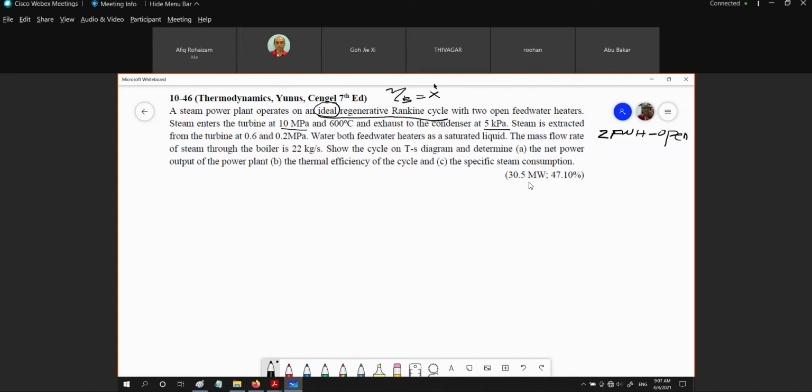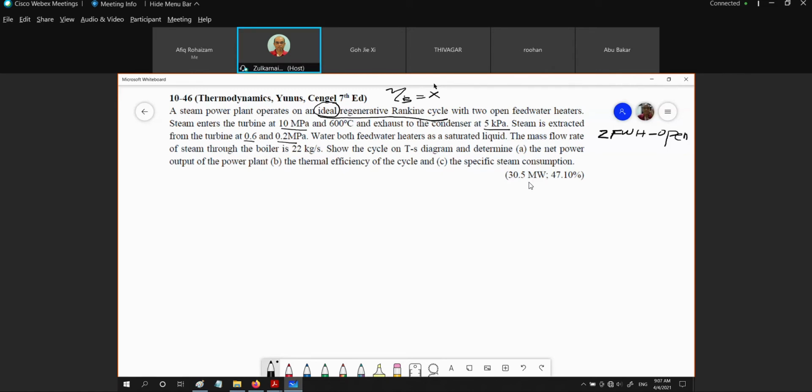And then the steam is extracted from the turbine at 0.6. Two extractions, because why 2 extractions or 2 bleedings? Because we have 2 feed water heaters. And then the mass flow rate of the steam through the boiler is 22.